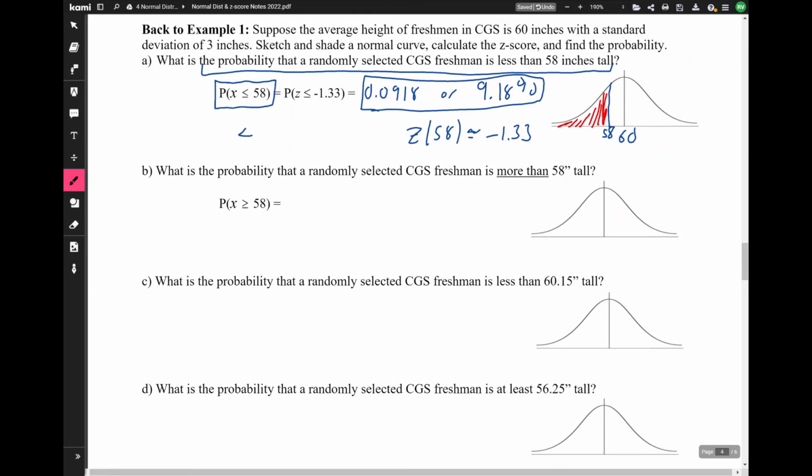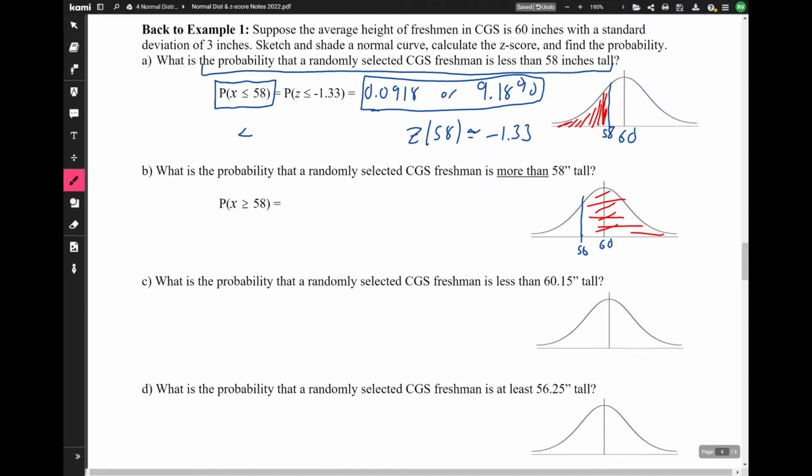Continuing on, what is the probability that a randomly selected CGS freshman is more than 58 inches tall? All right, so now, if there's our 60, there's 58, we're asking, what's this area?